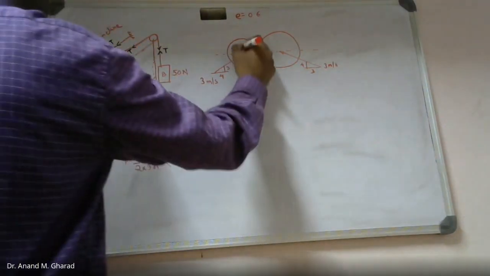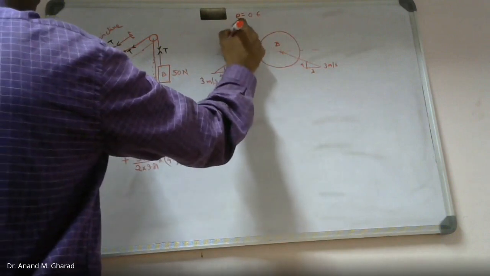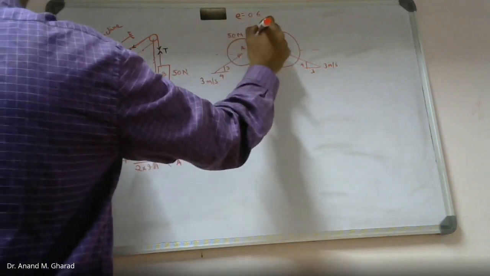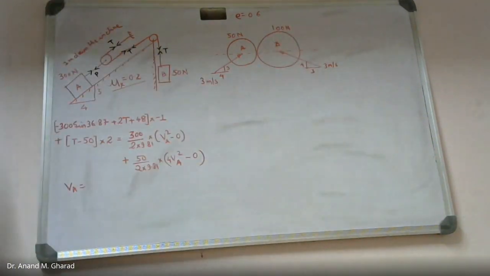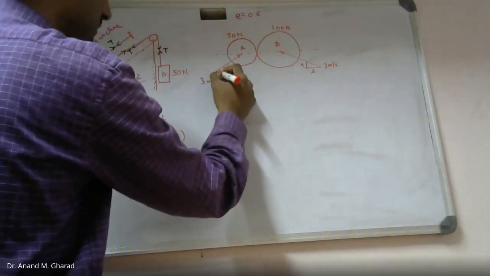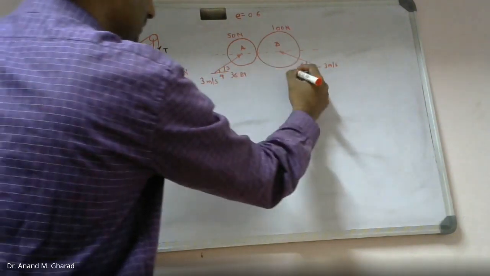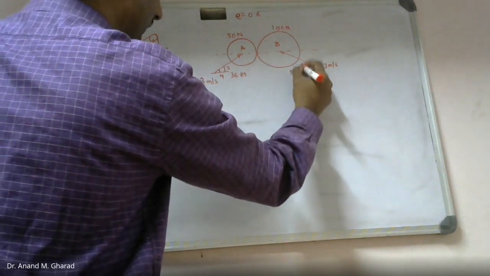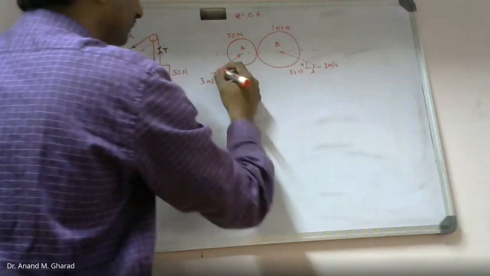Okay, this is disc A and this is B. The weight is 50 Newton, and this is 100 Newton. Okay. So this angle is actually 36.87. This is 53.13. You can verify the angle. Okay.